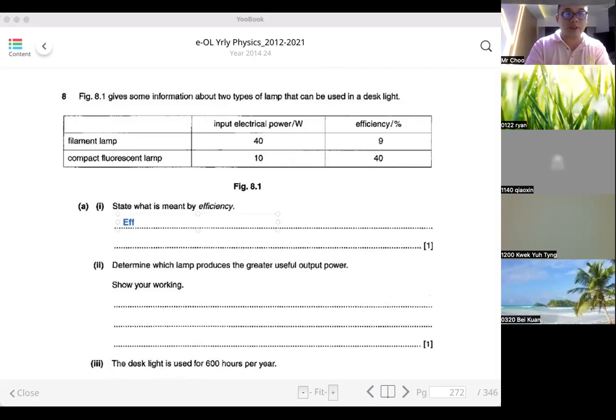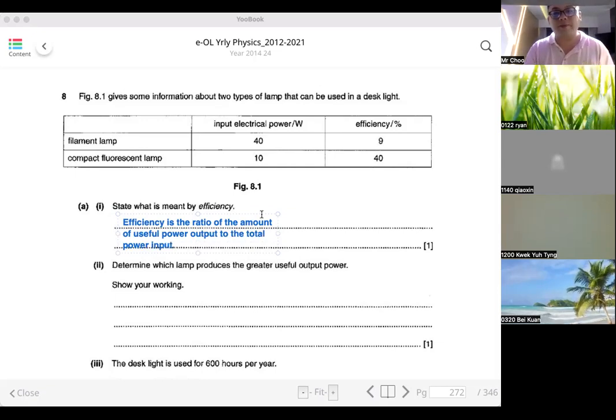I've not talked about efficiency to you. Efficiency is a formula that is the ratio of the amount of useful power output to the total power input. Is that clear?